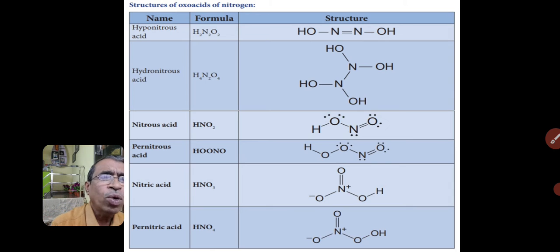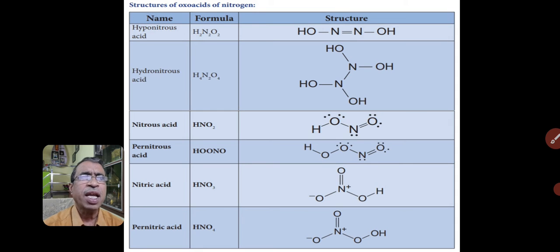Students, if an OH group is attached to a non-metal, it results in acids. If OH is linked to a metal, it results in hydroxides, that is, the bases. In all these cases, you have the OH group where H can be replaced very easily. Therefore, these form acids.